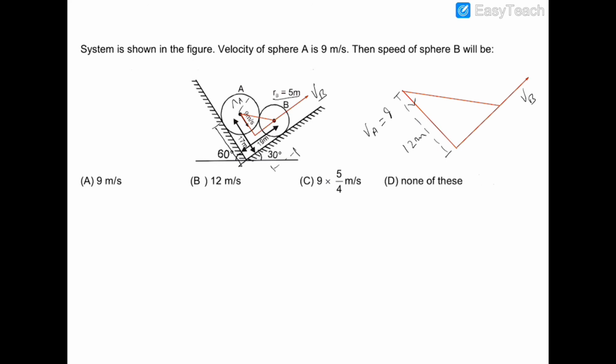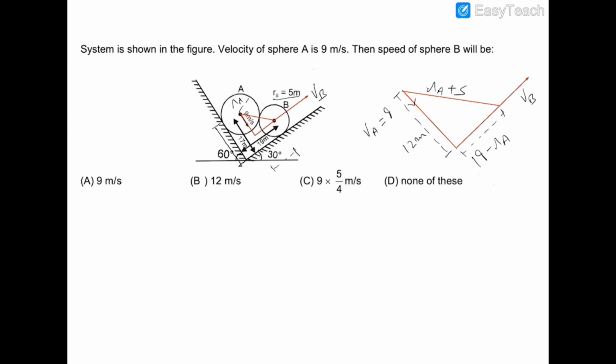You can see that this complete length is 19 and this is RA, so this will be 19 minus RA. Please see this carefully. And this length will be equal to RA plus RB, and RB is equal to 5, so this length will be RA plus 5.